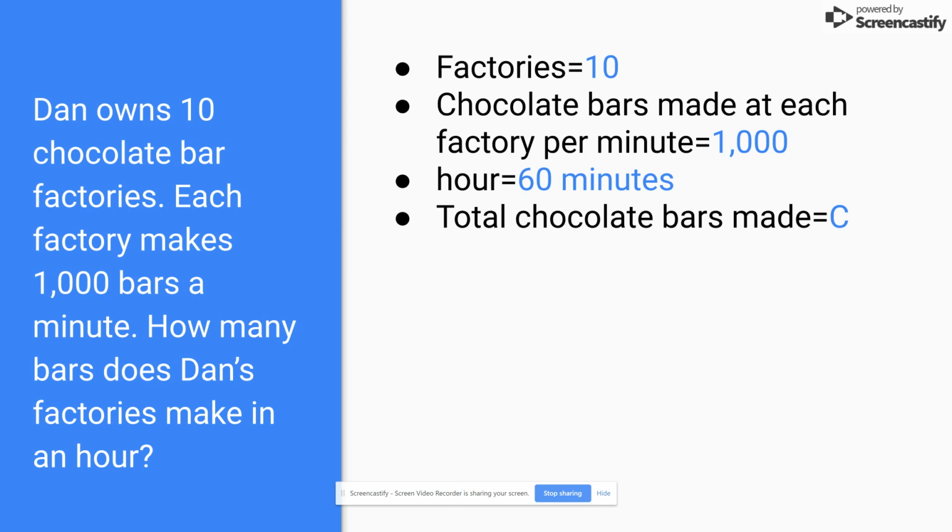All right, so what are we finding? We're trying to find the total amount of chocolate bars made throughout all the factories. So let's represent this with a C. Now we could just say 10 times 1,000 times 60 equals C, and this is our equation.